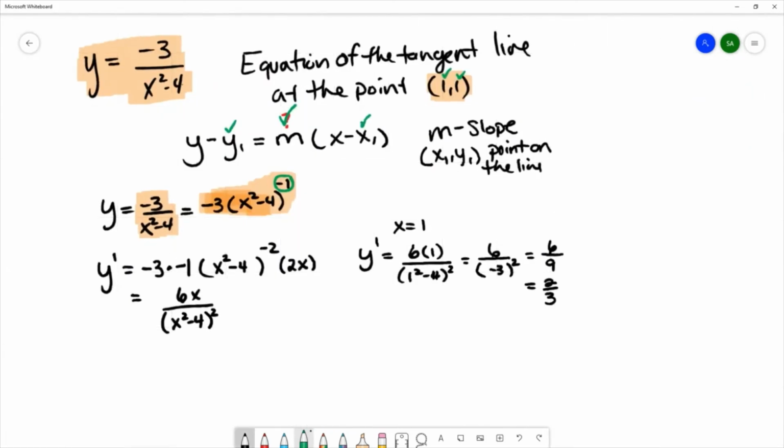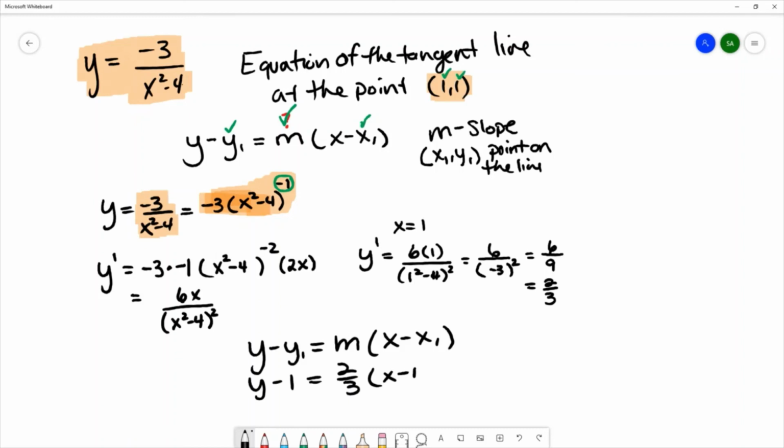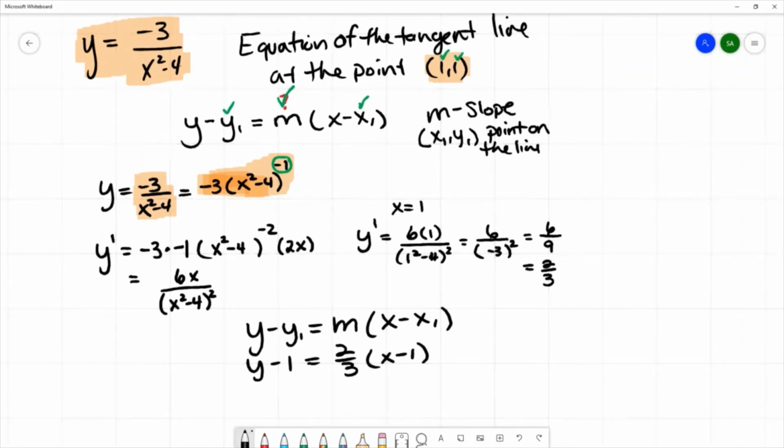So my formula is y minus y1 equals m times x minus x1. That's y minus 1 equals 2/3 times x minus 1. I usually like to write the tangent line in slope-intercept form. So I'll distribute that 2/3, get 2/3 x minus 2/3.